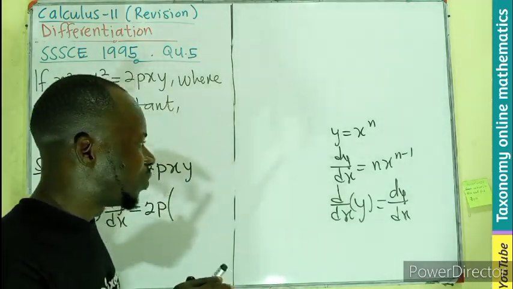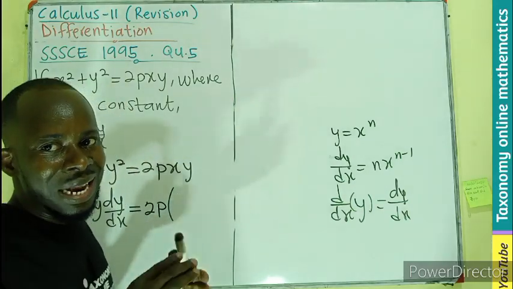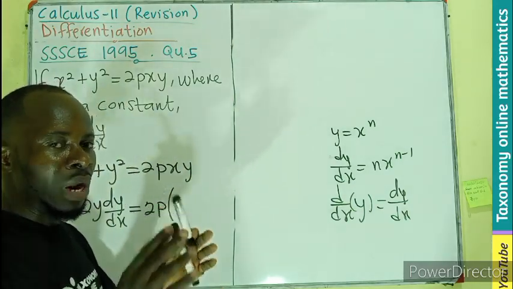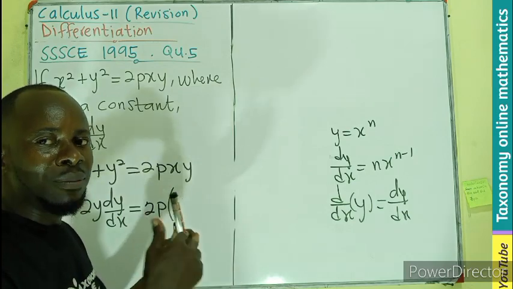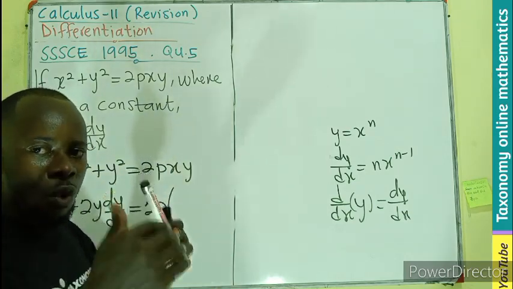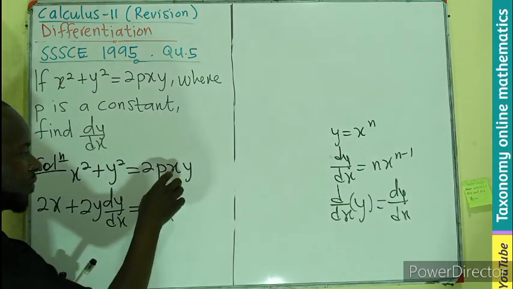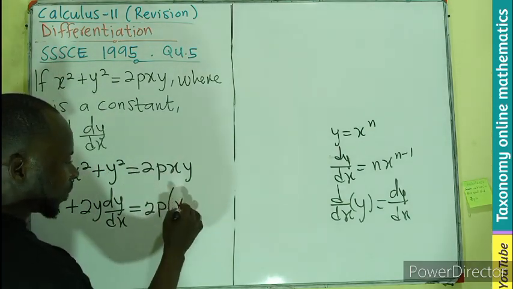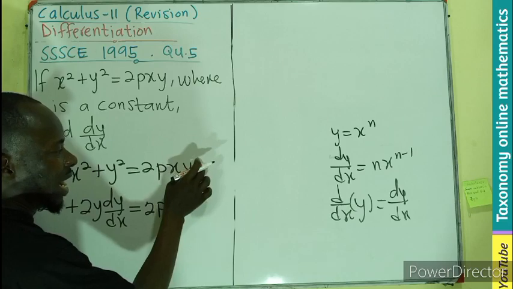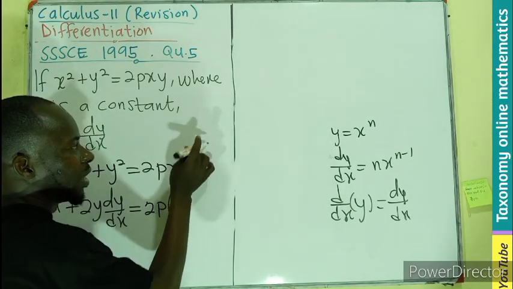Now if you see xy multiplying, this becomes a product rule. The simplest way to solve a product rule is to hold one of them, differentiate the other, then hold that one and differentiate the former. So I'll be holding the x first, then I differentiate the y.